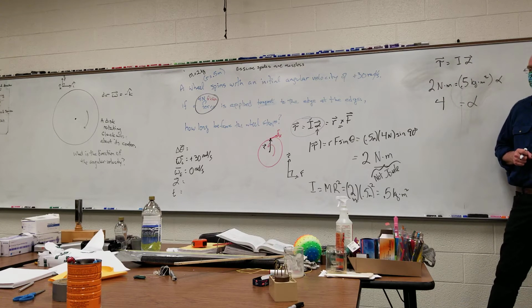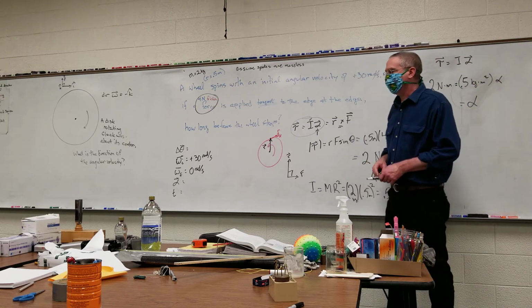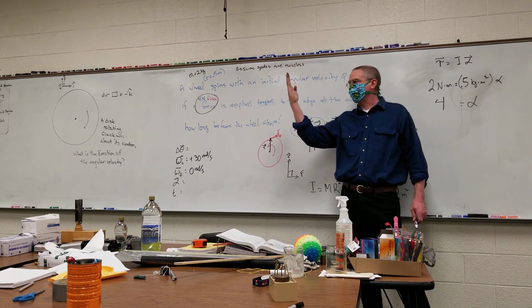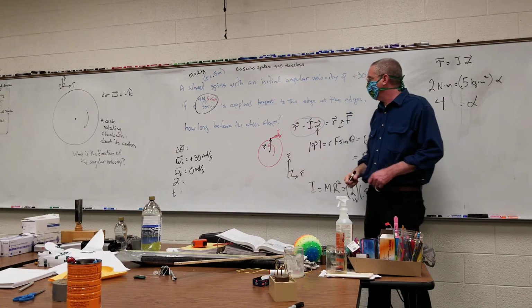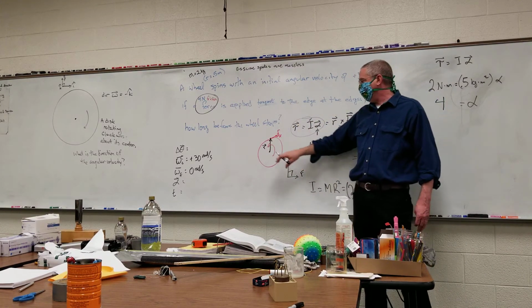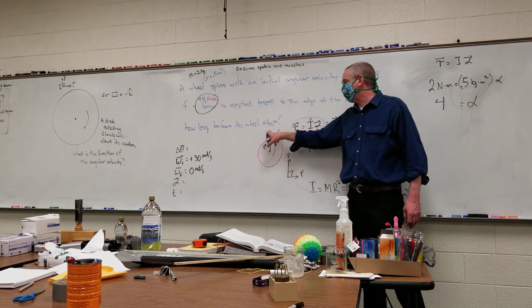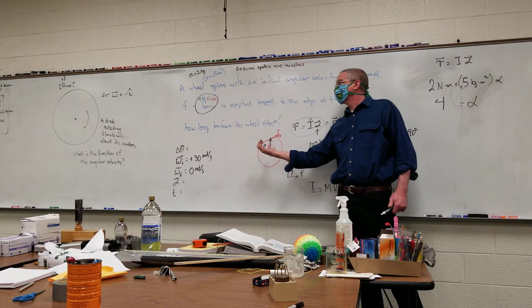Probably makes sense to do it all at once. R goes in that direction. So if we think about R cross F, I have R going up, I want my fingers to point easily towards the second vector, so R cross F is into the page. Or in absence of anything else, if that's the only force acting on it, it would cause this thing to rotate in a clockwise direction.